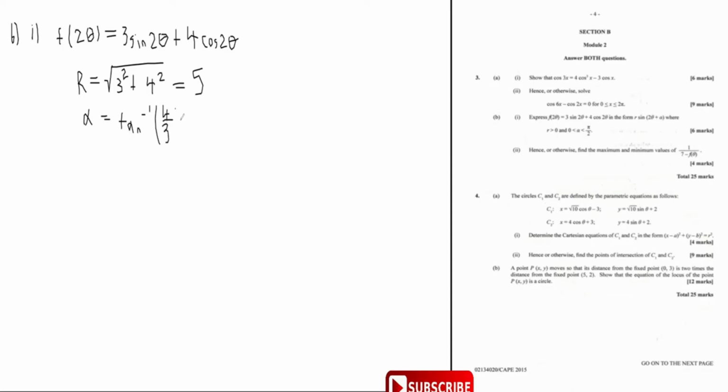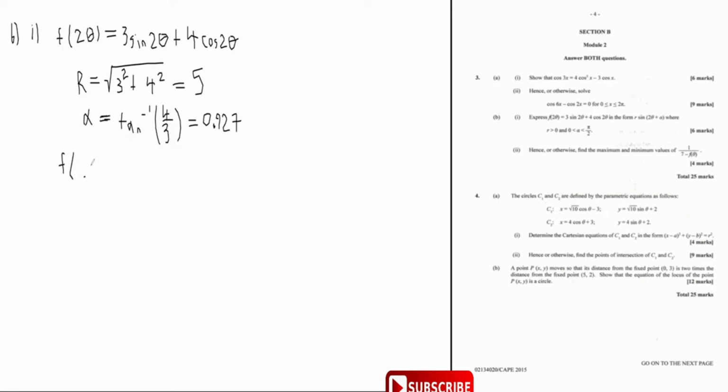Tan inverse of 4 over 3, we can work that out. Tan inverse of 4 over 3 is 0.927. So now we can finally put it in the correct form.